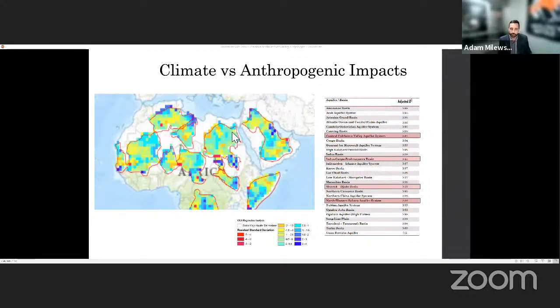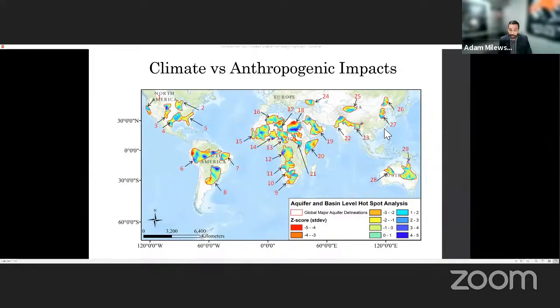If they were congruently the same most of the time, then we would say, well, there is a change, but it's consistent with the climate. When it deviates heavily, like these dark areas, so not the whole area, but these dark blues and reds, that's actually a sign that there's pumping. There's a sign that there's storage changes and so on and so forth. So it's a really neat technique to be able to look at what impact we might be having as humans. And so we actually did this for what's considered the 29 largest aquifers, based on a study where the map was produced by somebody else.